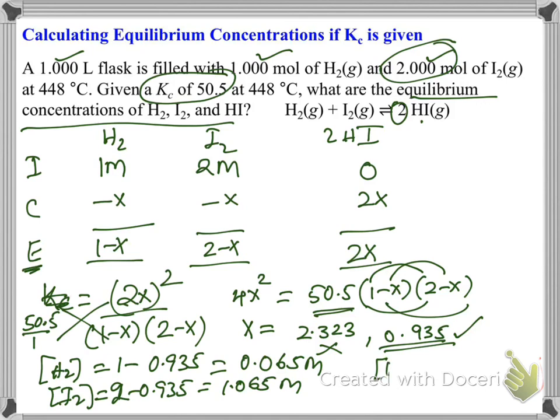And how much hydrogen iodide is present at equilibrium? 2x, which is 2 times 0.935 equals 1.87 molar. So here you can find out the equilibrium concentrations if Kc is given.